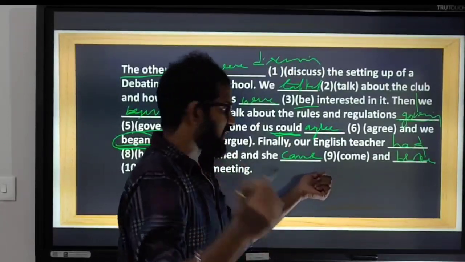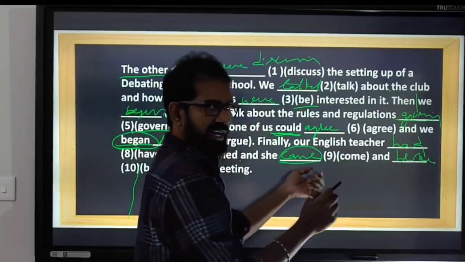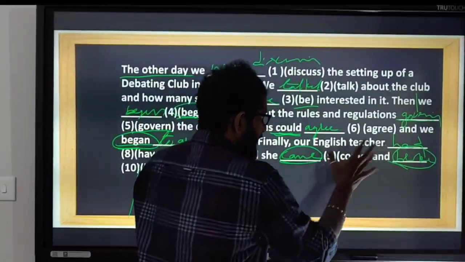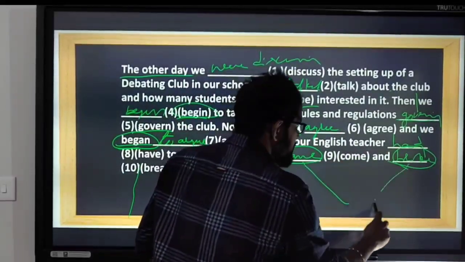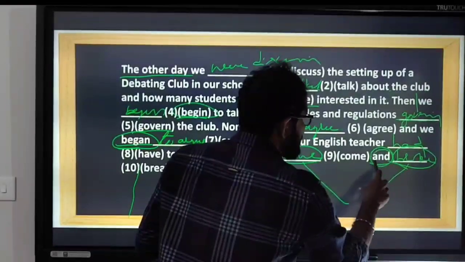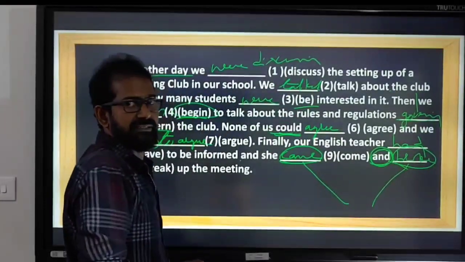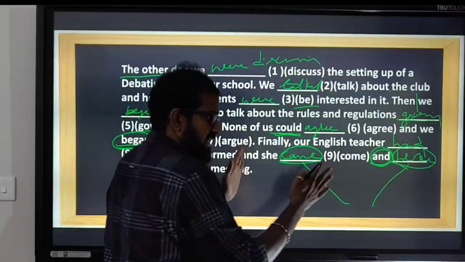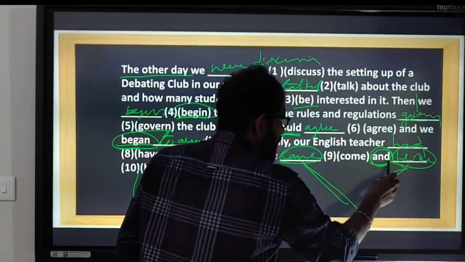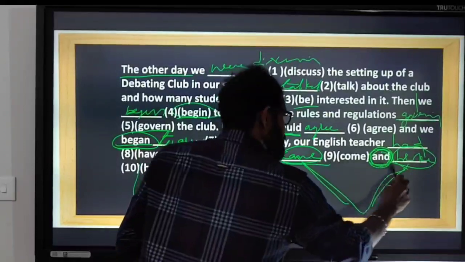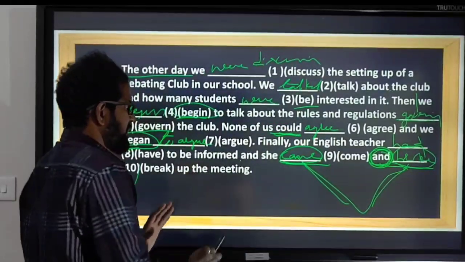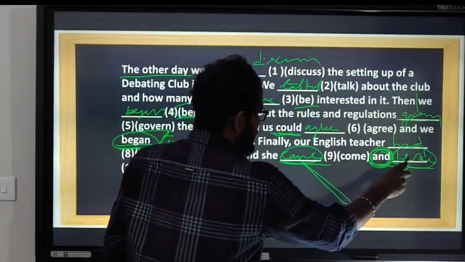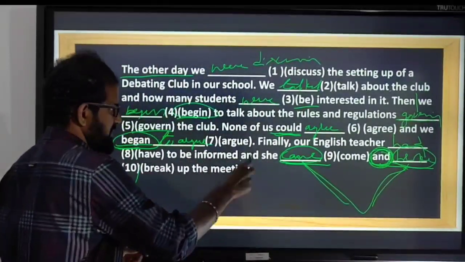Sir, you may get a doubt here. Sir used here came and again broke, V2. Now here, these two verbs are joined by the word and. So it is not two verbs in a simple sentence. Here two verbs are joined by and, so we use simple past. To be informed, and she came and broke up the meeting.